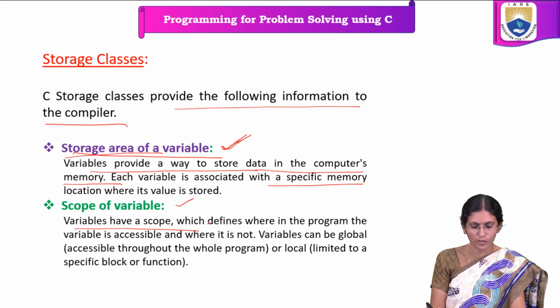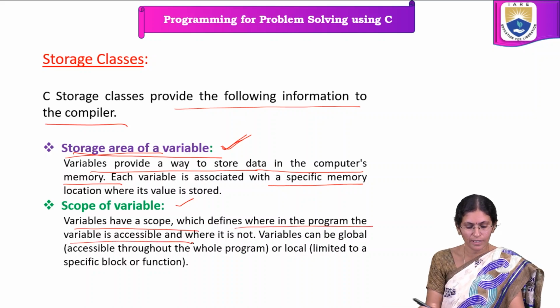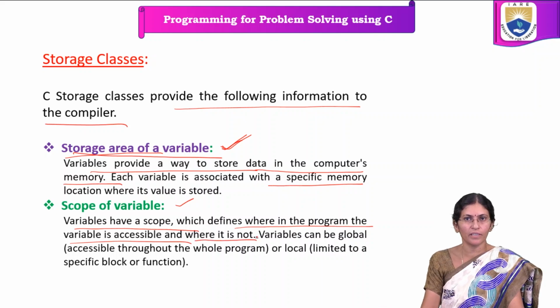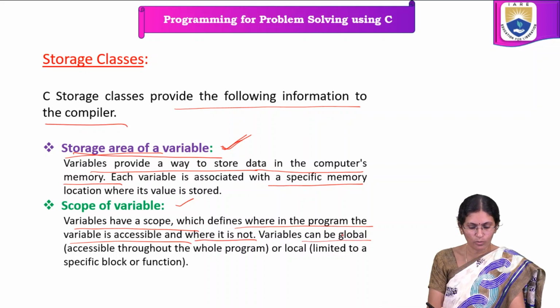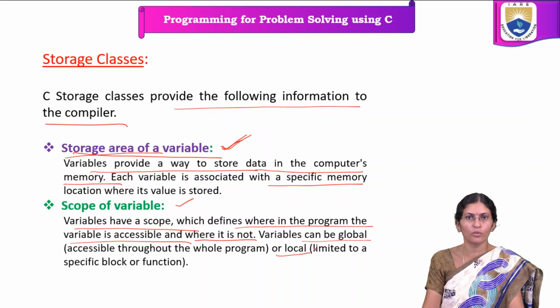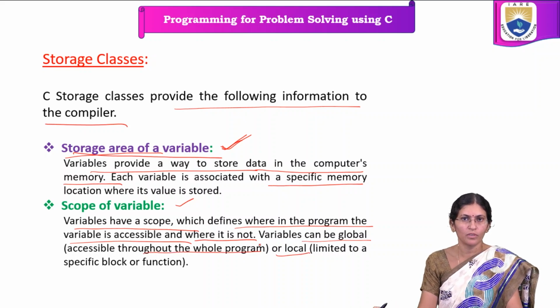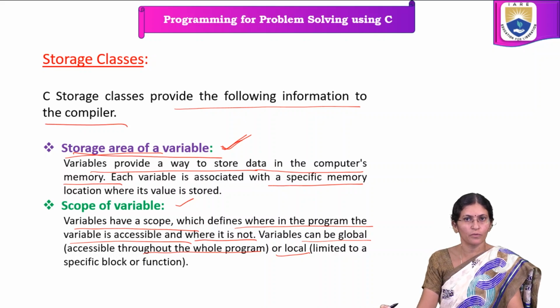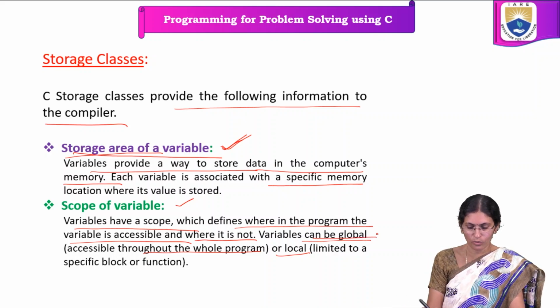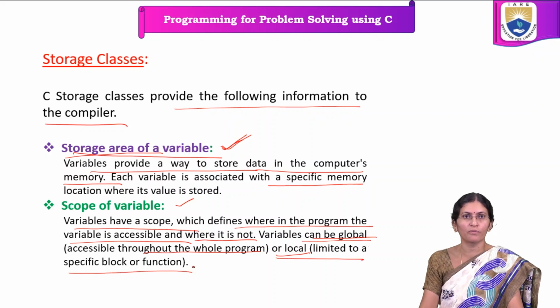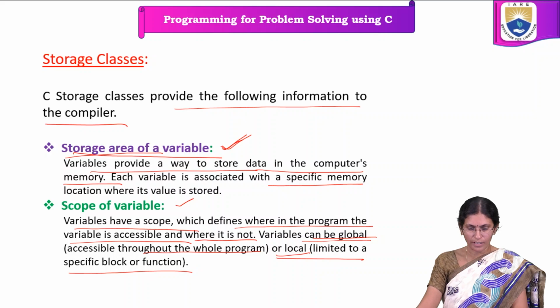Scope defines where in the program the variable is accessible and where we cannot access it. Variables can be global or local. A global variable can be accessed throughout the program. Whatever functions we are using in the program, all those functions can access the global variables, whereas a local variable is limited to the block or function where it has been declared.